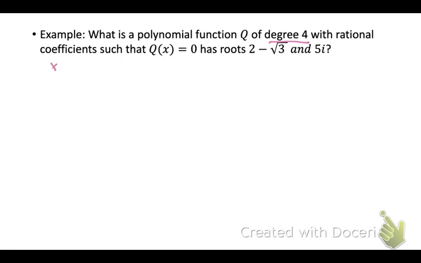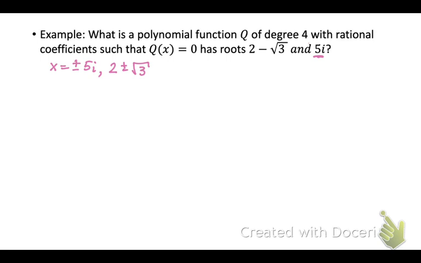So I know that x equals plus and minus 5i. And if I have 2 minus the square root of 3, I also have 2 plus the square root of 3. Only works with square roots and imaginary numbers, not anything else.